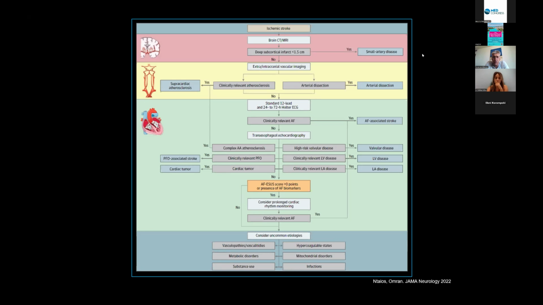You can say so if you see a stroke which is deep in the structures of the brain around the ventricles, periventricular, and you see a small infarct which is usually less than 1.5 centimeters in diameter. If you see something like that, then it is a stroke caused by small artery disease, so it's not embolism.